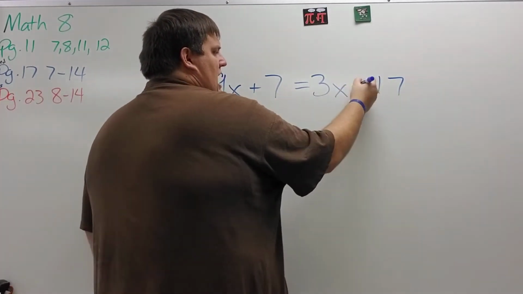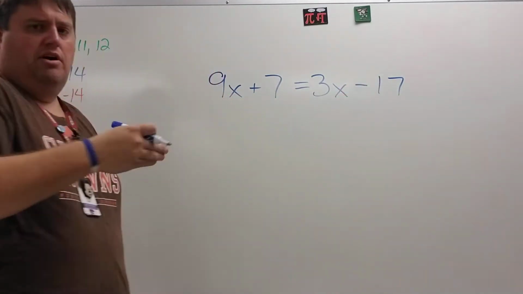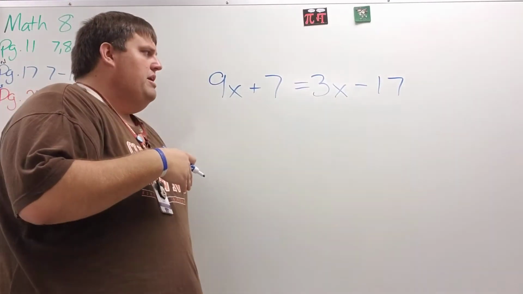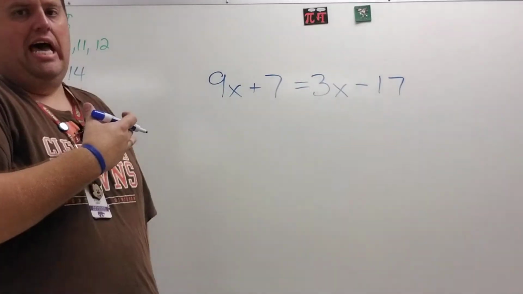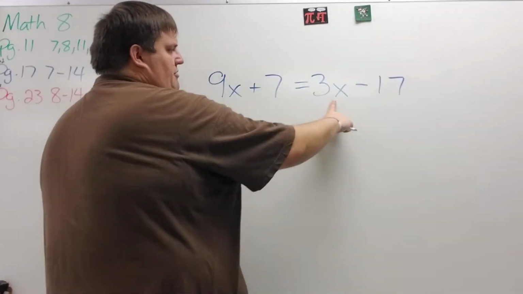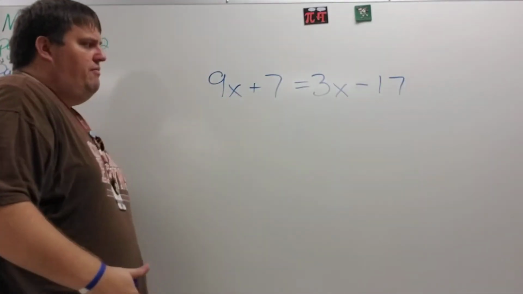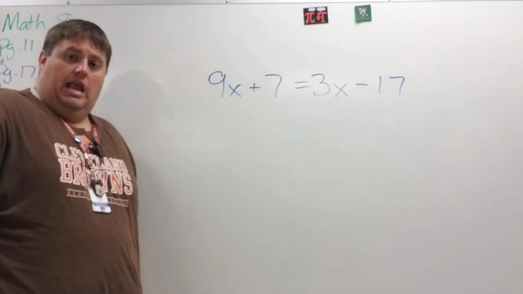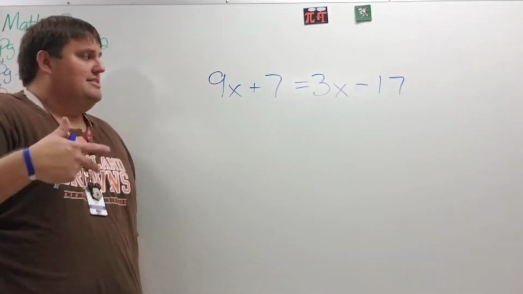But since we have variables on both sides of our equation, we kind of want to get them all on one side because that's how you know how to solve, right? So I have a 9x over here, I have a 3x over here. I want to get rid of one of those things. And whichever one you choose, it does not matter.